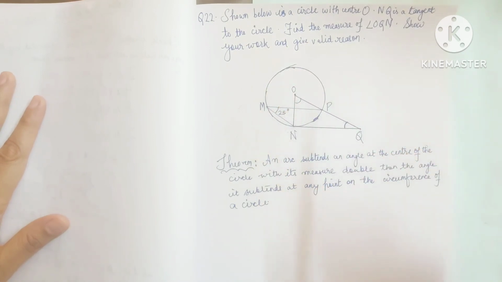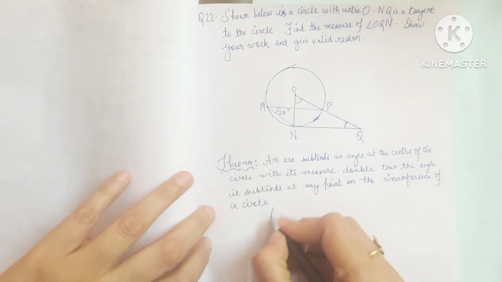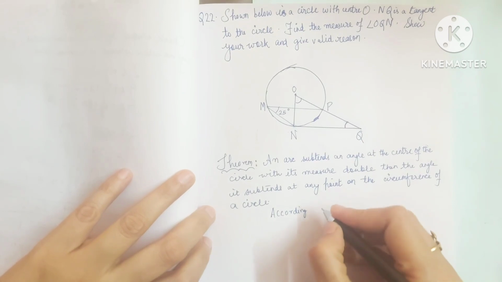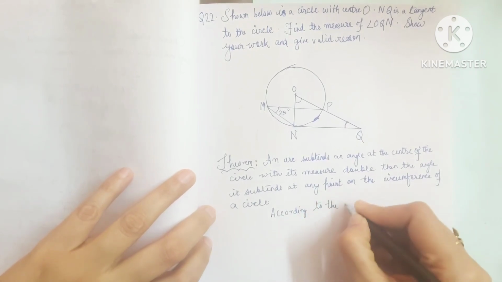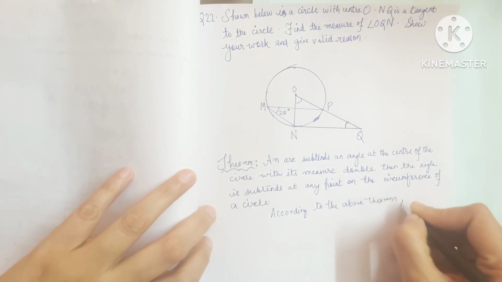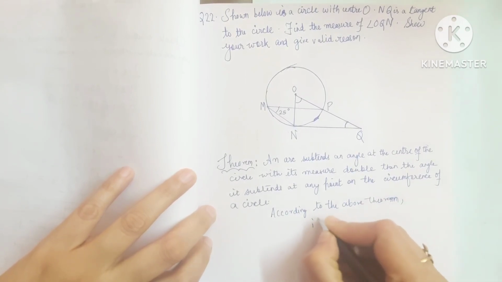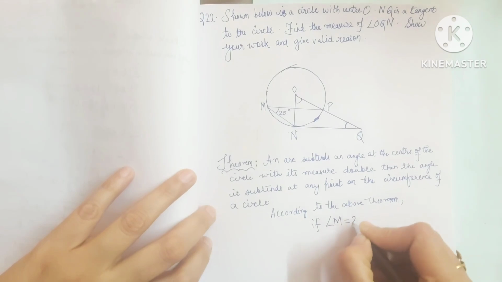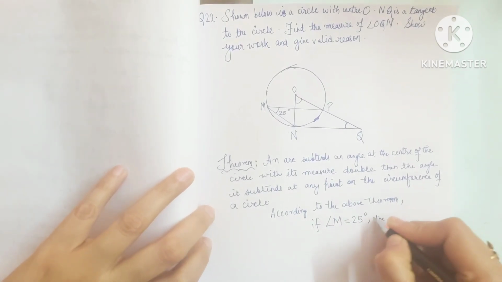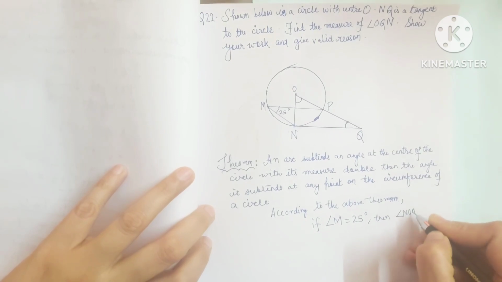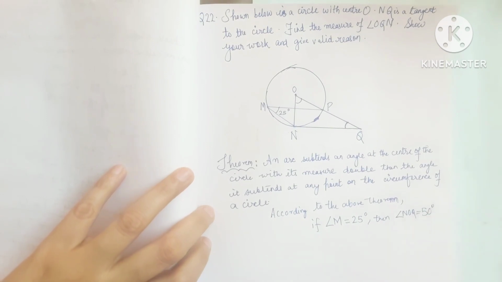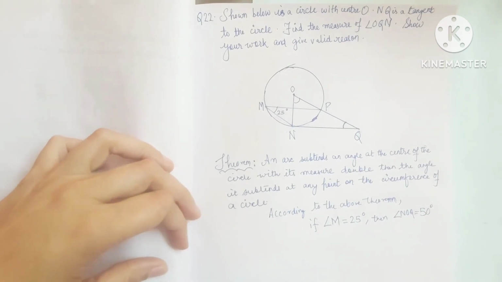So if this is 25, according to the above theorem, we can write that if angle M is equal to 25 degrees, then angle NOQ, which is the angle made by the arc at the center, will be double, which means 50 degrees. 25 ka double hai 50 degree.